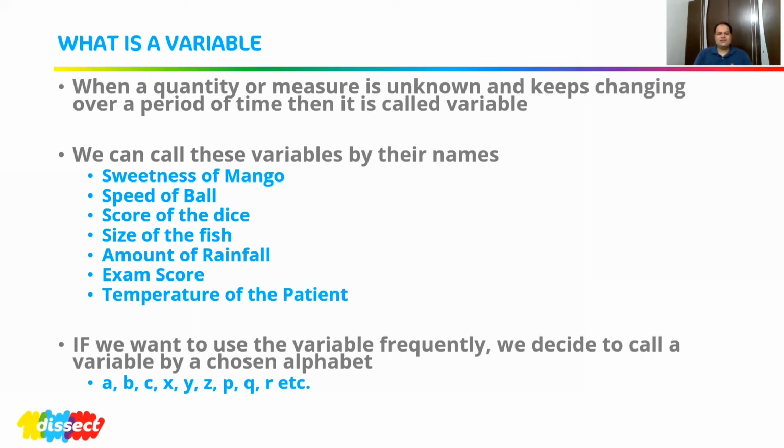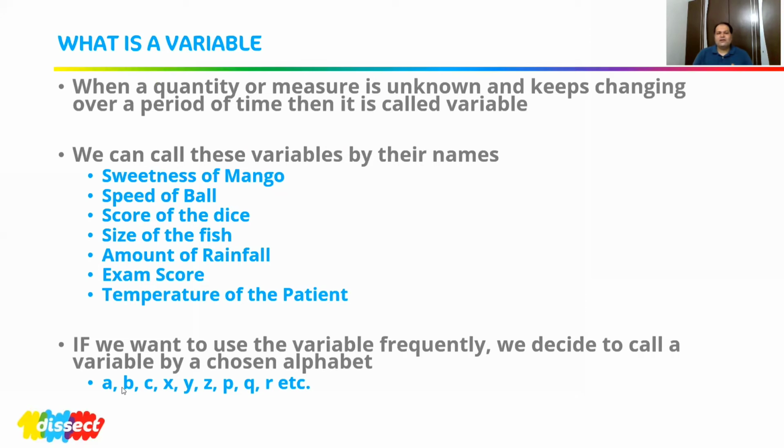So in our cases, the sweetness of the mango, the speed of the ball, the score on the dice, the size of the fish, the amount of rainfall, the score of exam result, or the temperature of the patient keeps on changing before we find it. And it is always unknown, right?